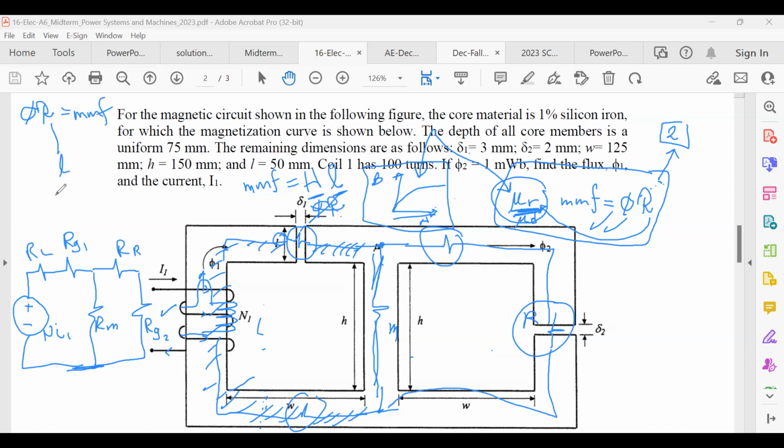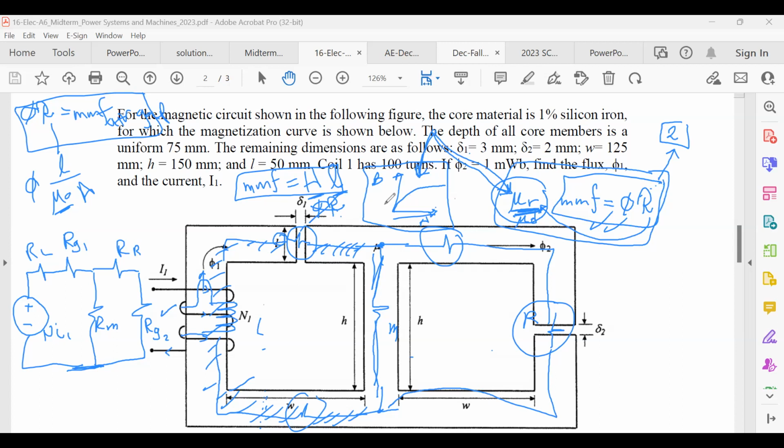Because we have L over mu naught, which is given or known, times the area, and this is the reluctance. So this is only for the air gap. It's always like this. For the iron part, do you have the BH curve? Use this equation. Do you have the relative permeability or permeability of your iron? Use this one.